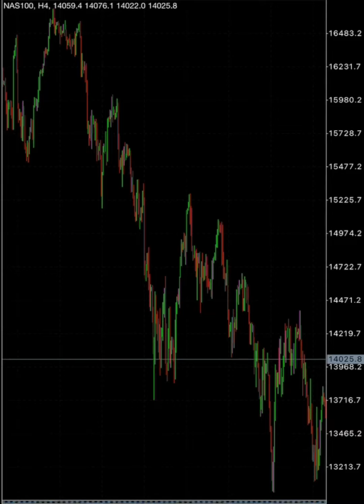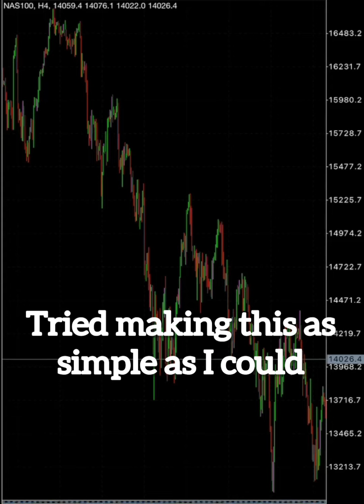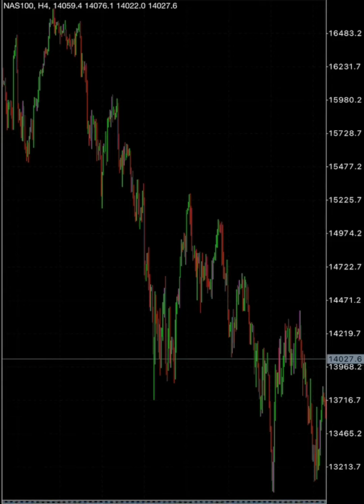If I'm looking for a buy, I look at my support levels. This is basically the first thing any trader normally does. You buy from a support zone, then sell from a resistance level.